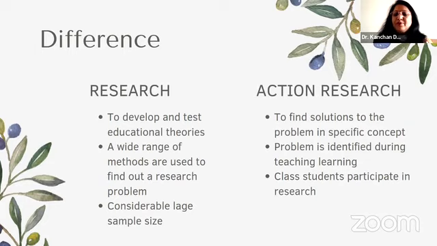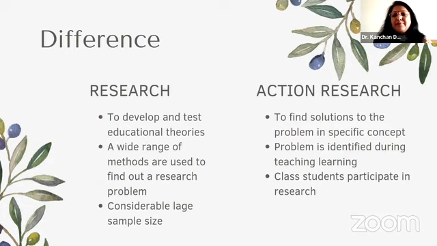So for her, the problem is identified during the teaching and learning process. We'll go into depth on how the problems could be identified, and which problems could be taken for action research. Any smallest problem could be identified to conduct an action research in education.